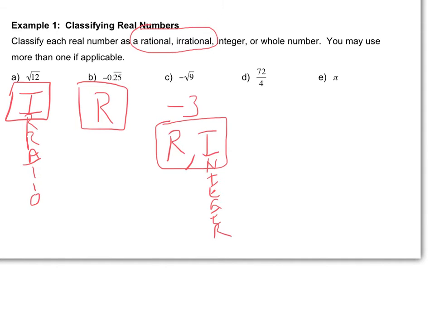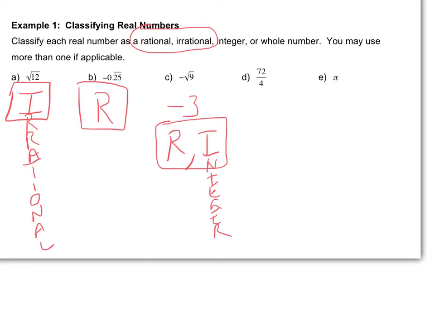I know I shouldn't be using the same I because that could be confusing. So, an irrational versus an integer. Once I say something is irrational, there's no integer or whole number to it. It can't be both rational and irrational. If it's rational, then you move on to, is it an integer or a whole number?